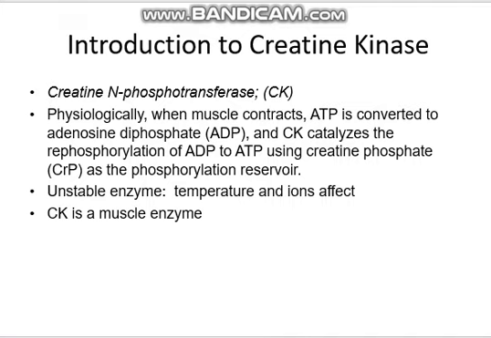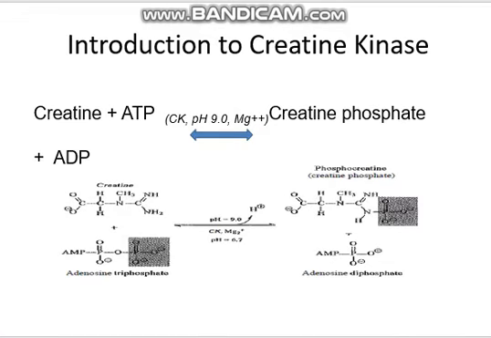This is an unstable enzyme, so it is affected by temperature and the presence of certain ions. As I told you, this is an enzyme found in the muscles. We can see in this slide the chemical reaction undergone by creatine, the substrate, in the presence of CK at pH 9.0, so that is an alkaline environment.